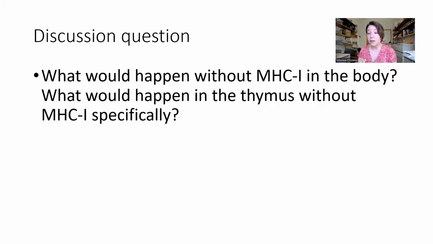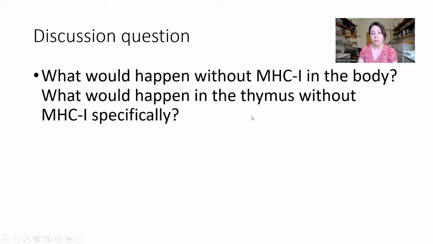Every time you get a virus, it would be worse than for a person who had them. You might be hospitalized more, things like that. They'd also be more prone to cancer. Cancer could probably get to a further stage than it would have without them. So without MHC class 1 in the thymus, no CD8 T cells.